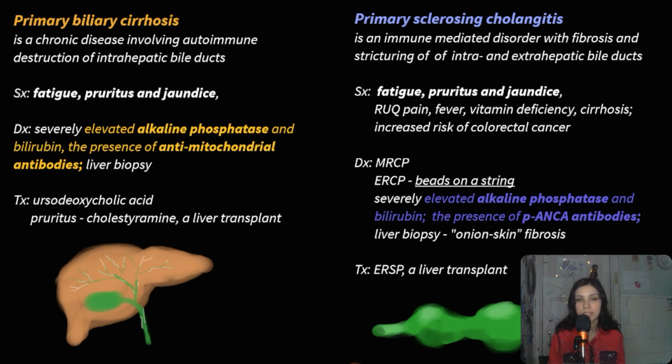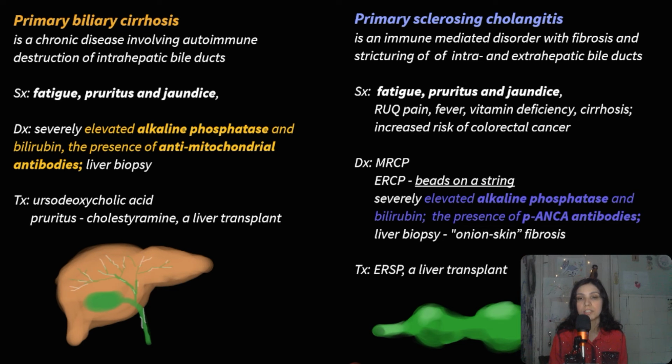And also you will see severely elevated alkaline phosphatase and bilirubin. You can also find anti-mitochondrial antibodies for this condition. So treatment is ursodeoxycholic acid, and for pruritus cholestyramine, and also a liver transplant.